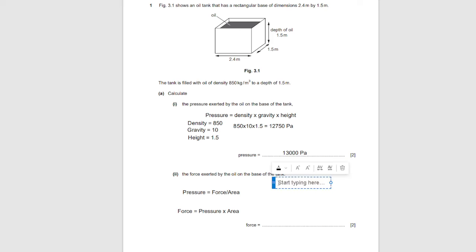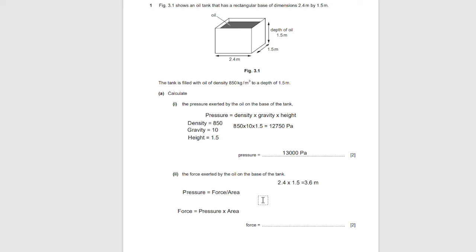To find the area, we know the dimensions of the base are 2.4 by 1.5, so we're going to multiply 2.4 times 1.5, which gives us 3.6 meters squared.